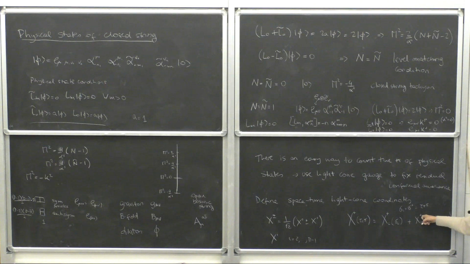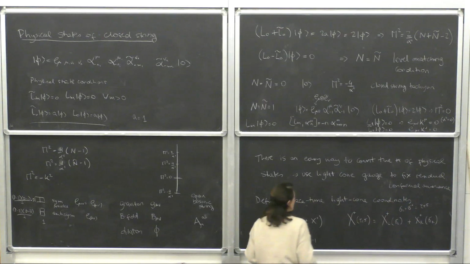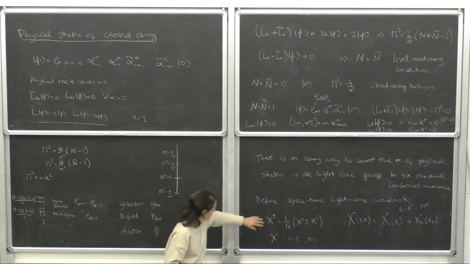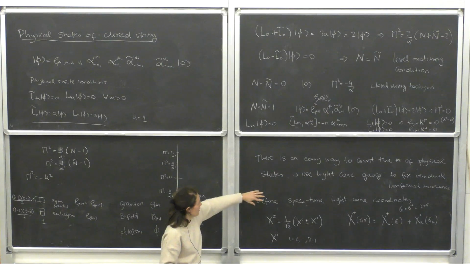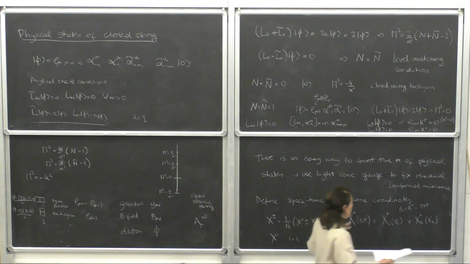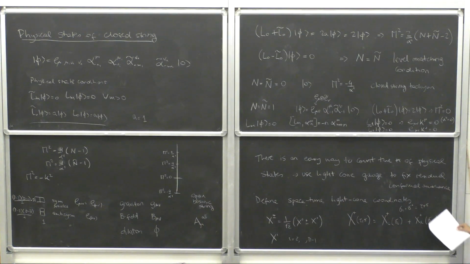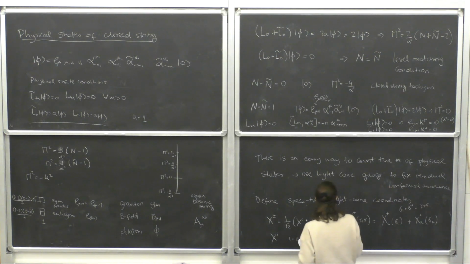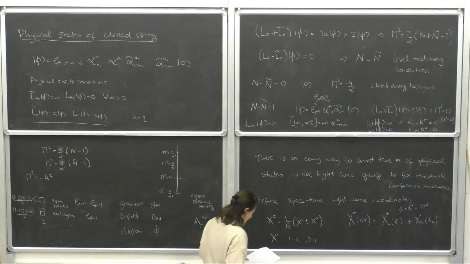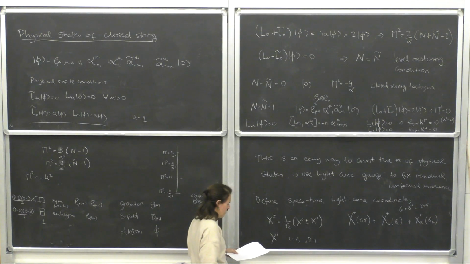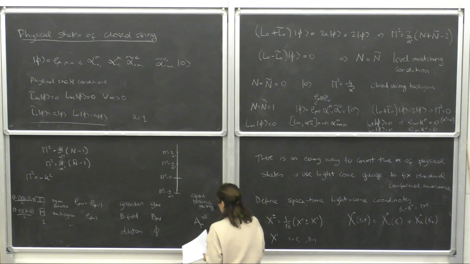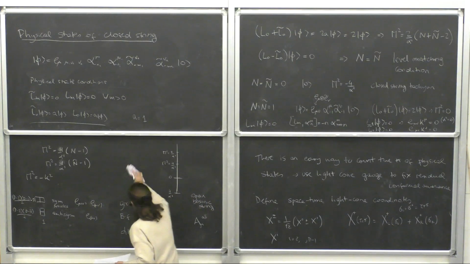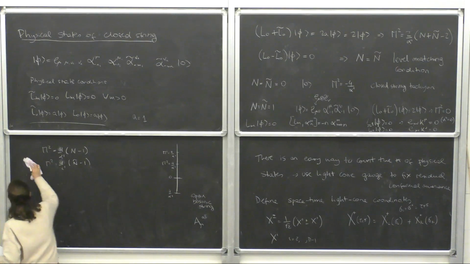Not to confuse these pluses and minuses: this plus and minus I use for light-cone coordinates in space-time, and the light-cone coordinates on the worldsheet I call sigma left and sigma right. Their conformal symmetry doesn't mix sigma left with sigma right.